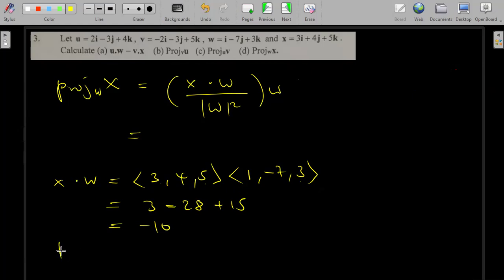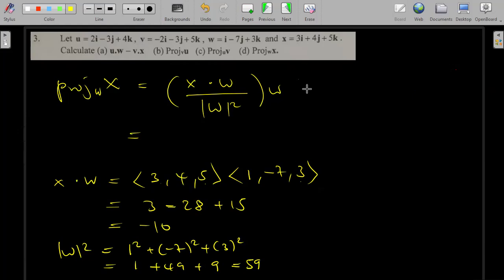Then w squared: the components of w, just square them. So 1 squared is just 1, let me write it still, plus -7 squared, then plus 3 squared. So this gives me 1 plus 49, then plus 9. So this is going to be 59.